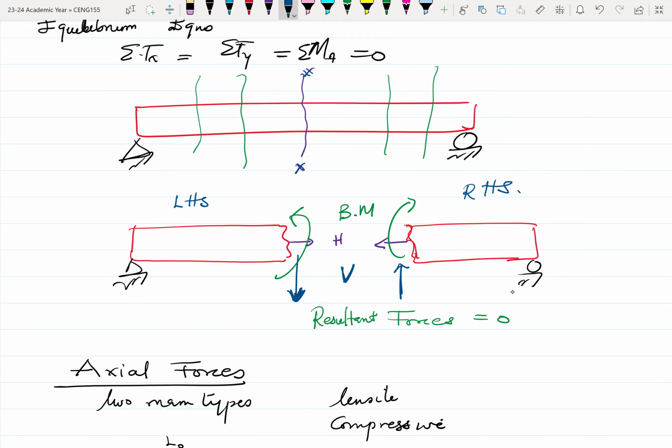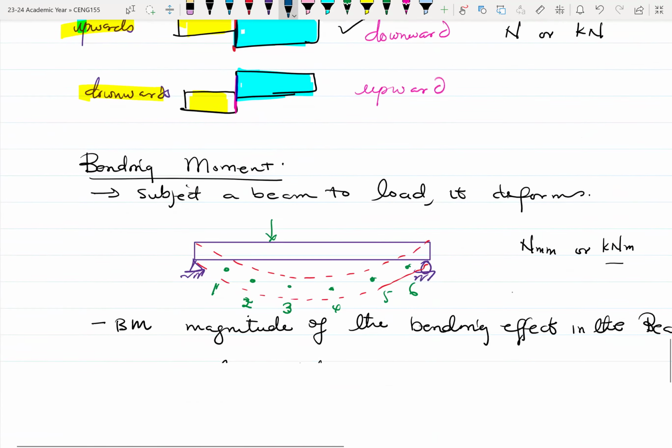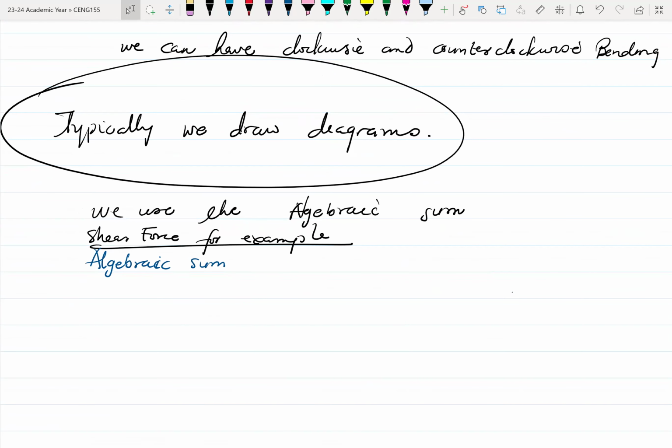So what we mean by the algebraic sum is that for shear force, we sum up all forces, in this case all vertical forces, because that's what we define as shear, whether they are upward or downwards. We sum them up.